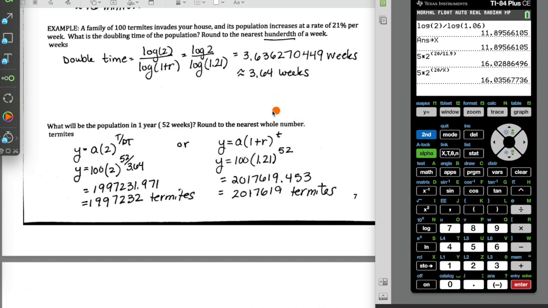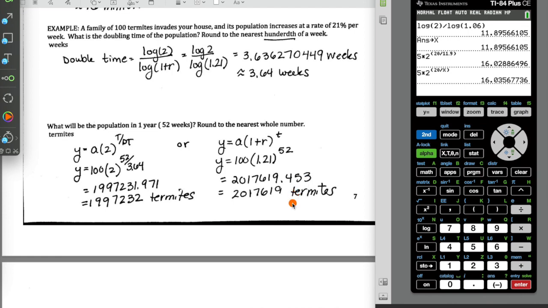Now, when we use this formula here, we put in 100 for our initial value. We use 1 plus r because this is a growth function. So I'm going to take 1 plus 0.21. That's going to go in here, and then I'm going to raise it to our time, which is 1 year, but we have to put it in terms of weeks. So that's 52 weeks. And when we put that in on the calculator, we get 2017619.453.